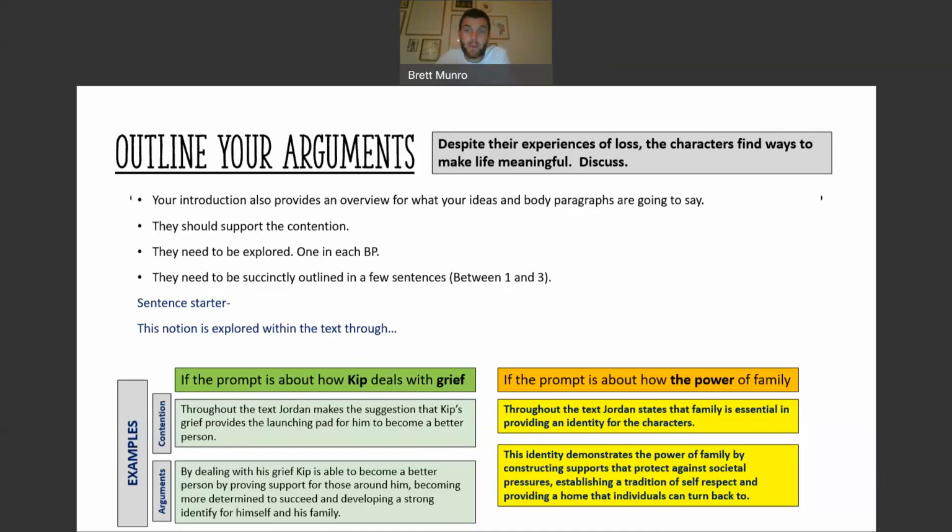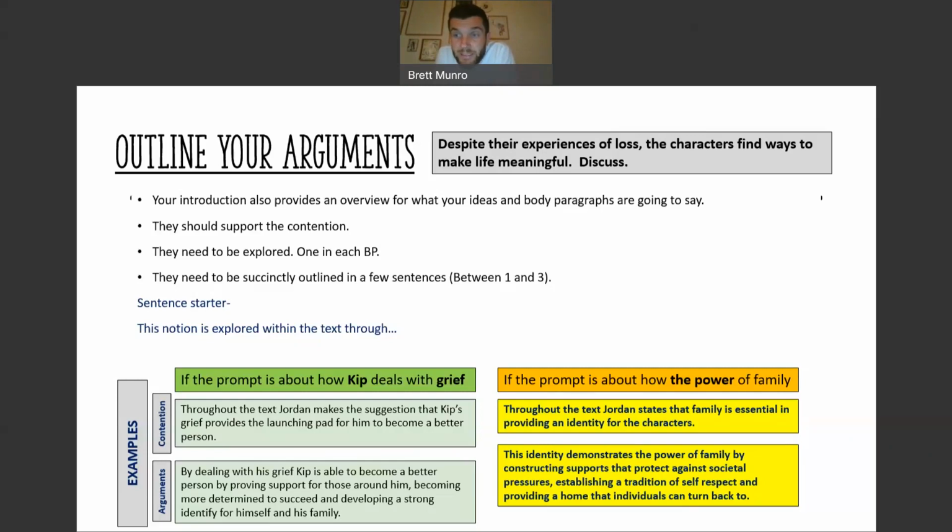So the ideas that I've included in this sentence include that identity protects you against societal pressures. If you have these traditions and these norms that are in that zone of the family, they protect you from those societal pressures, just like Charlotte. The second one is that having an identity that's tied to family establishes a tradition of self-respect.